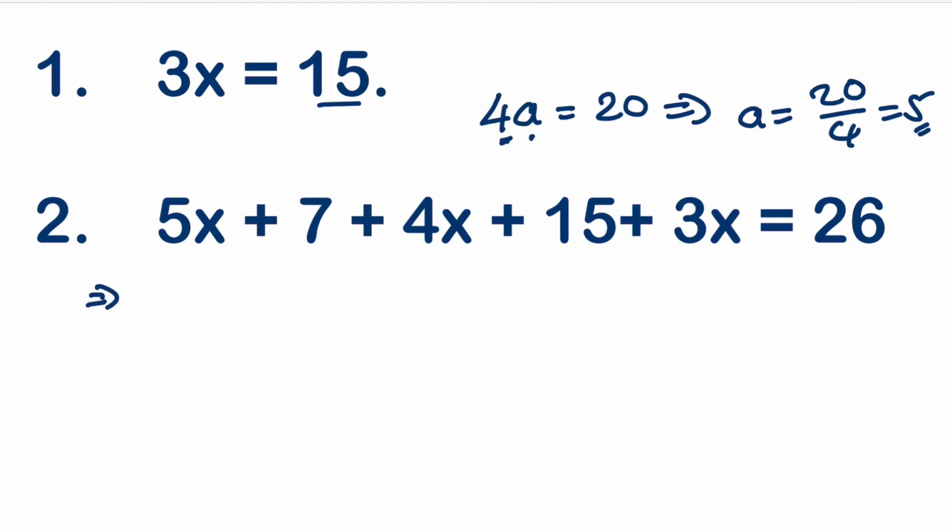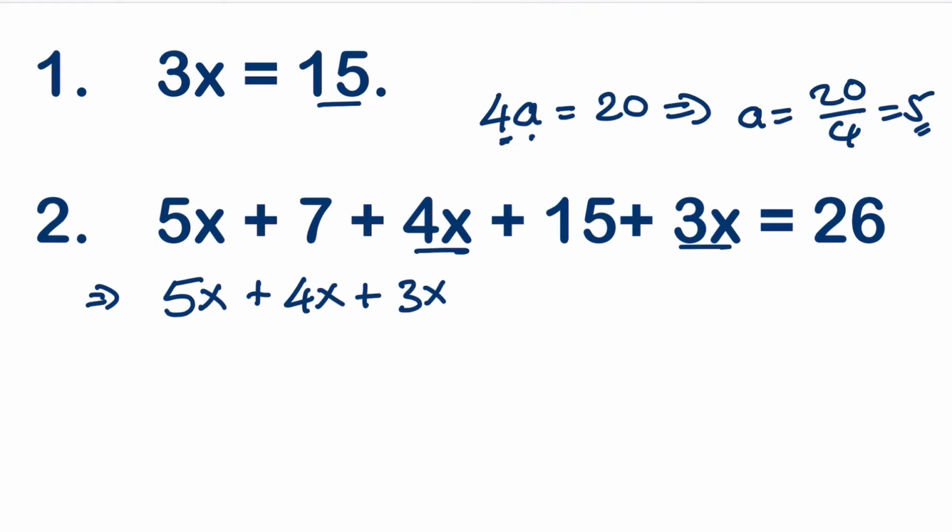Now for the second question, we have to collect like terms together, meaning terms that have the variable. So here the like terms are 5x and so on, because they have x. All the x, we need to bring them together. So here we have 5x plus 4x plus 3x.